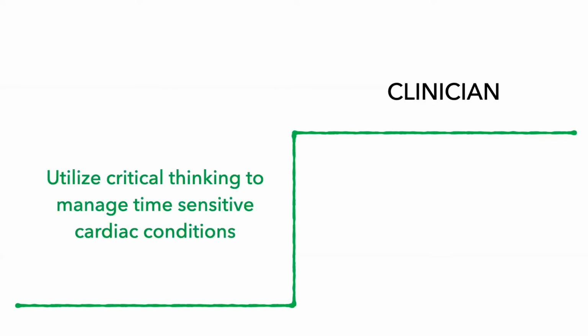For that, I want them to utilize critical thinking to manage time-sensitive cardiac conditions, whether that be a primary cardiac condition, such as a ST elevation MI, or something secondary, like cardiac toxic effects of overdoses or electrolyte disturbances, right? I expect them to recognize and manage all of those.